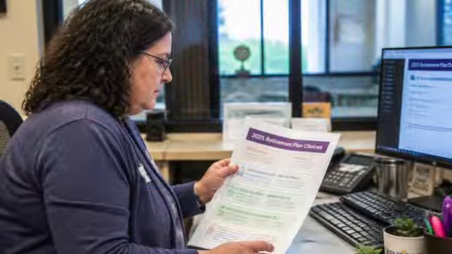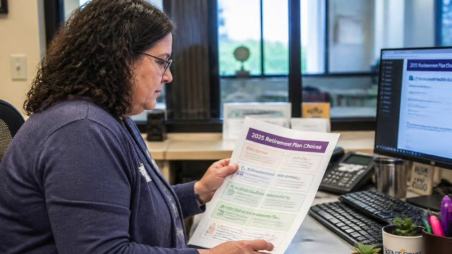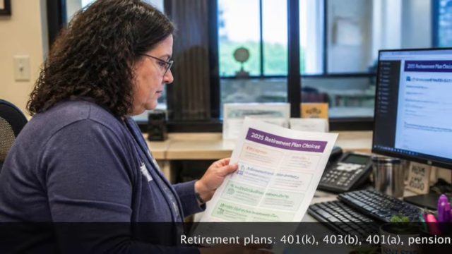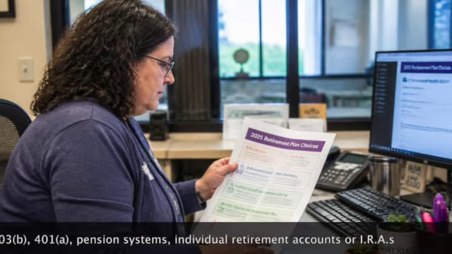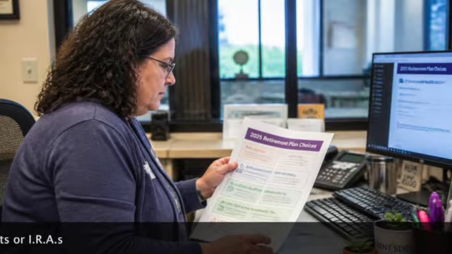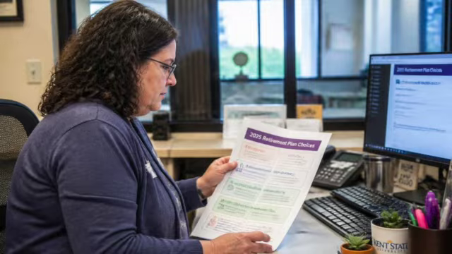Depending on the institution, researchers may encounter several different types of retirement plans. Some common examples include 401k plans, 403b plans, 401a plans, pension systems, and individual retirement accounts, often called IRAs. The details vary considerably between institutions.